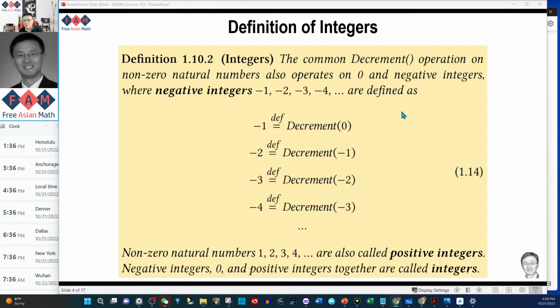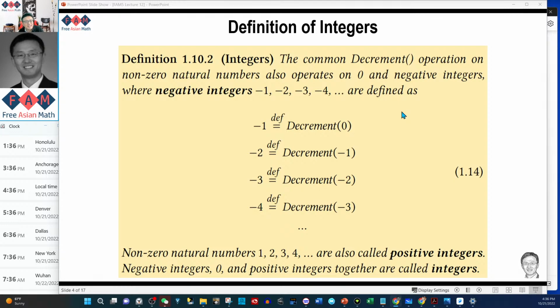And we know increment, little i, is a common operation across all natural numbers. Therefore, because of this chain of reasoning, the capital D decrement operation is the same for all positive integers.